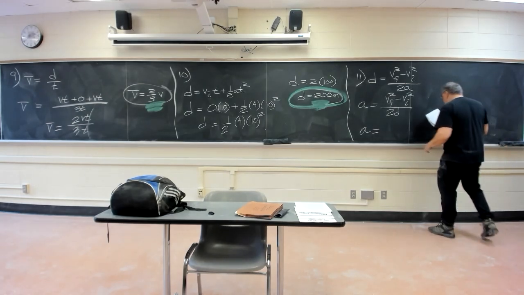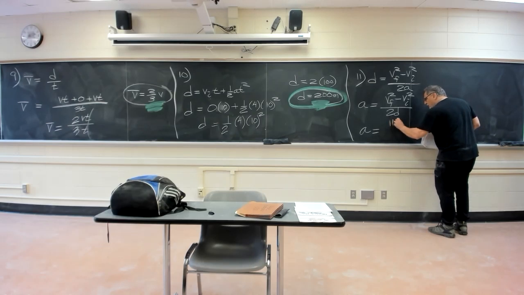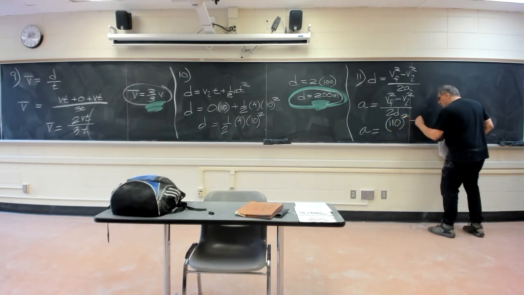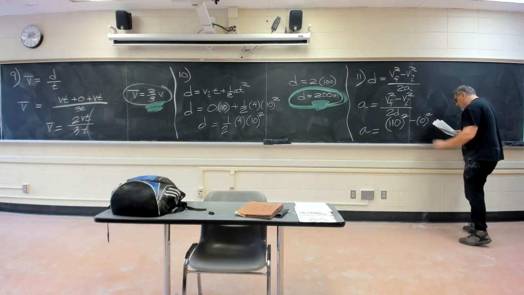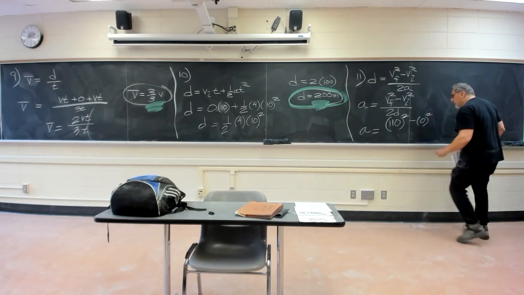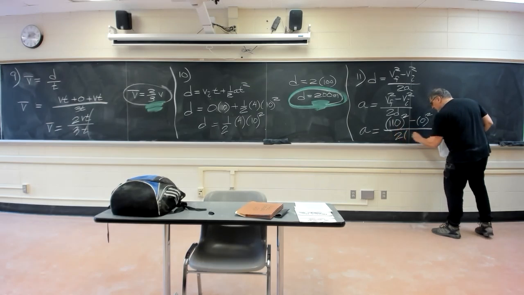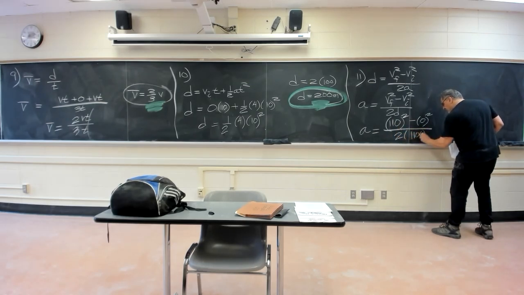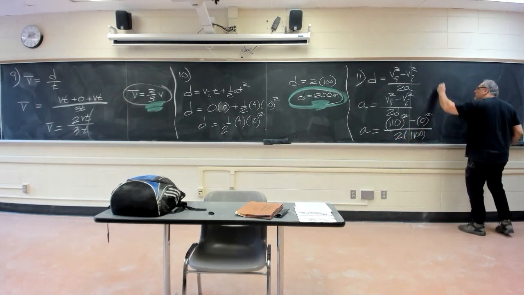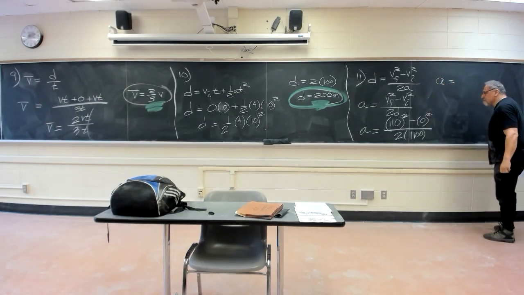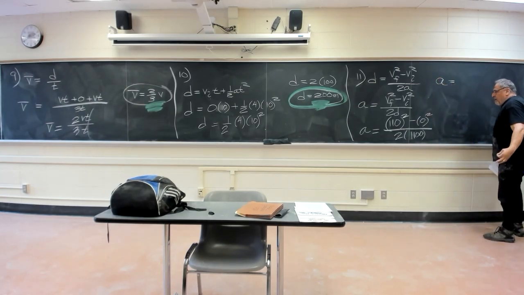It needs 110 as a final speed to get out of there. It starts at 0. Starts from rest. They're telling us that the 2 is 2, and they're telling us that d is 1,100. It's a great question.